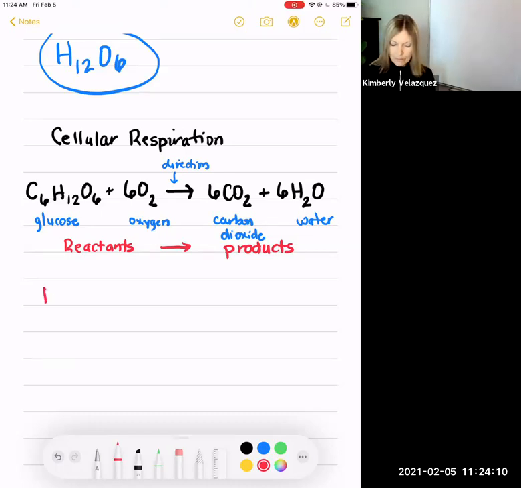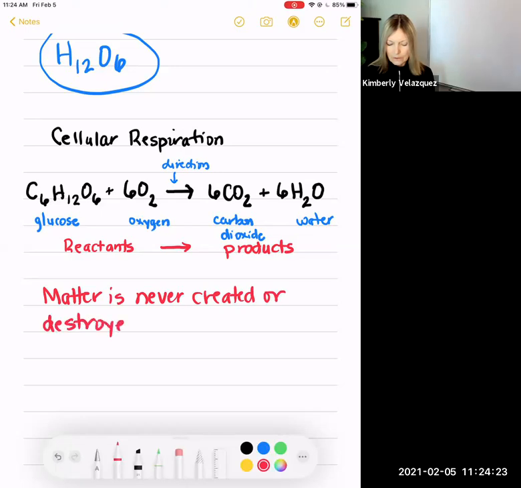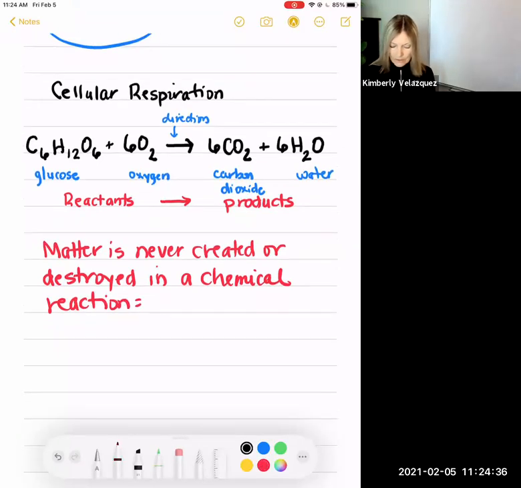So matter is never created or destroyed in a chemical reaction. This is a very important point in chemistry, and it's often called the law of conservation of matter.